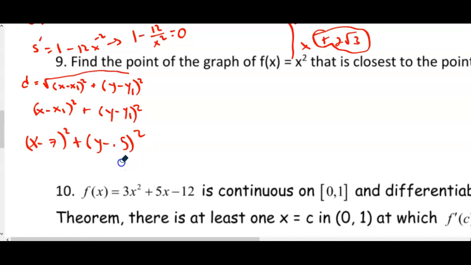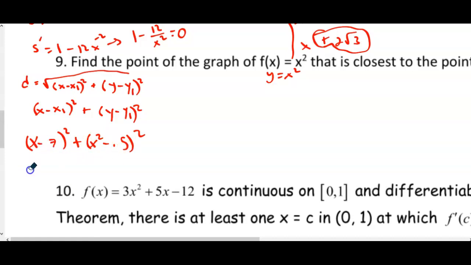All right. Oh, my fault. f of x equals x squared. So y equals x squared. So this first one, x squared. There we go. Okay. So that's y equals x squared. So that's y1. All right. Anyway, now we need to simplify this. We FOIL that out.